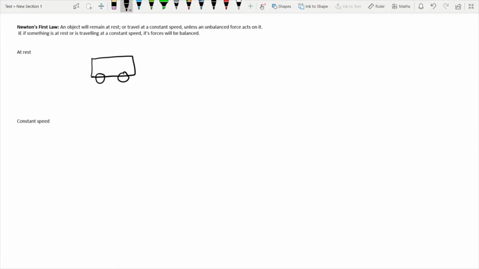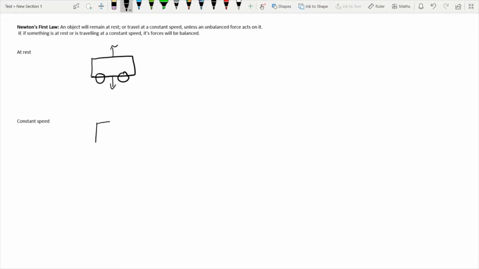If it's at rest, then it's not moving forward or backwards, it's stationary, but it still has balanced forces on it because it will have a force down, its weight, but it will also have what we call a reaction force from the floor upwards to stop it falling through the floor, and they'll be balanced, so it won't be moving at all. Okay, so something that's at rest will not have unbalanced forces on it. It will have balanced forces, but it will just have the downwards and upwards forces that are balanced.